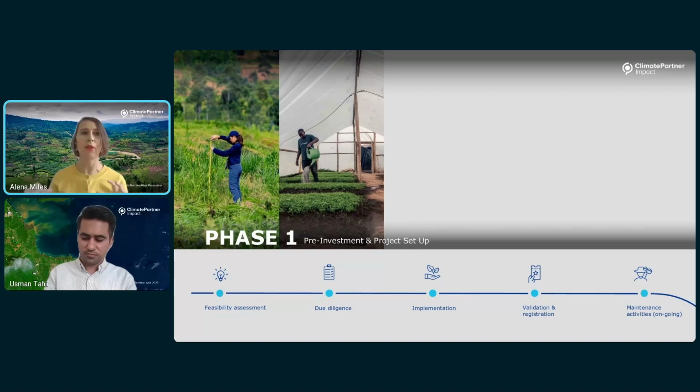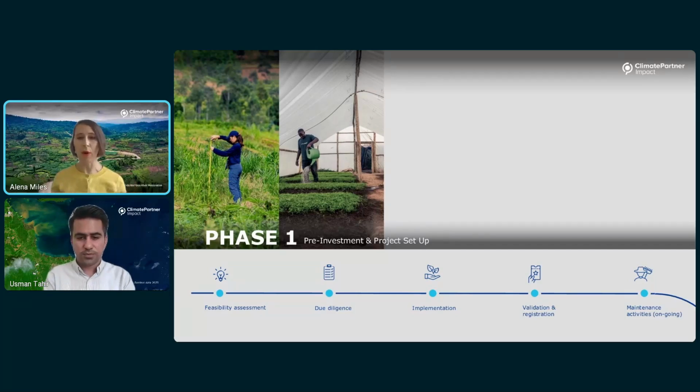Just to give you an idea of what we're looking at, there are things like historical land use. We'll look at the country profile, we'll look at the carbon regulation, we'll look at land rights, a whole heap of different factors. A big part of this is also starting to engage with the local communities.